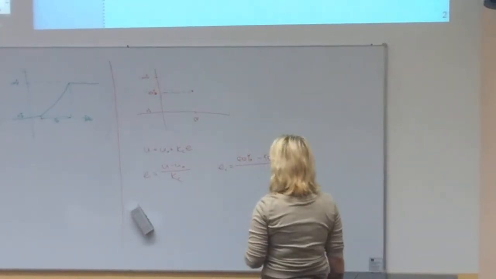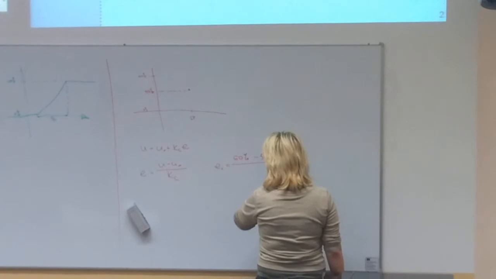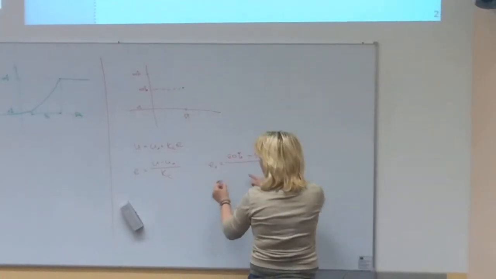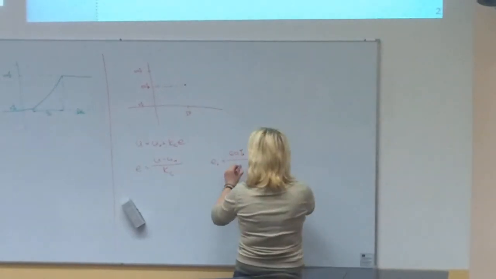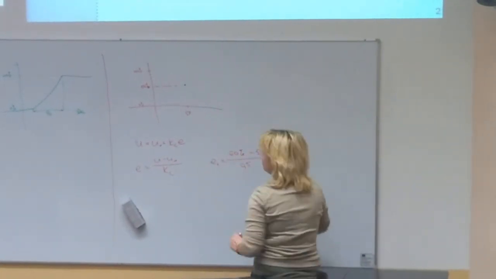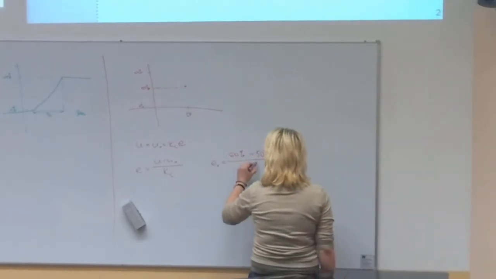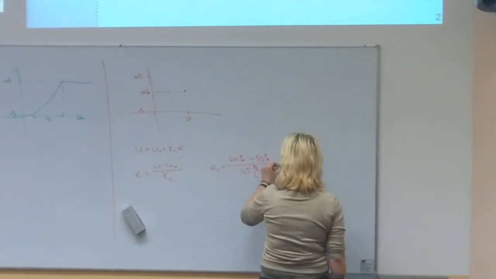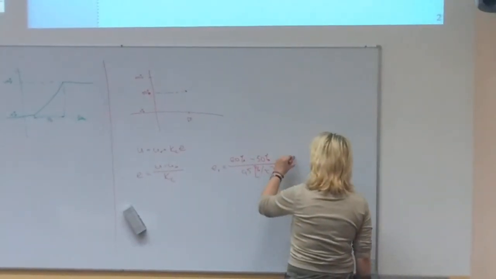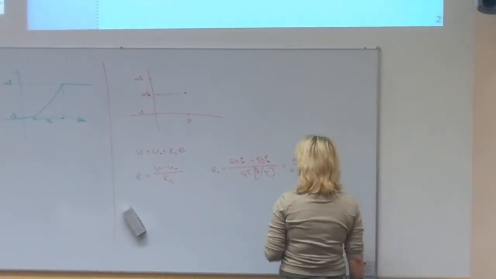So for that matter we have K. Our first Kc equals, and it is percent per degrees Celsius. So in that case we have 10 divided by half.